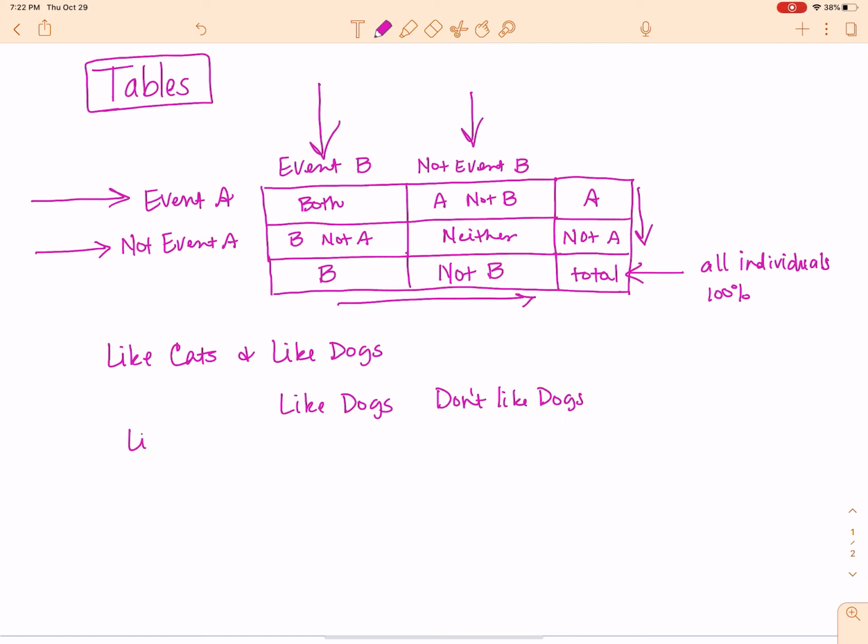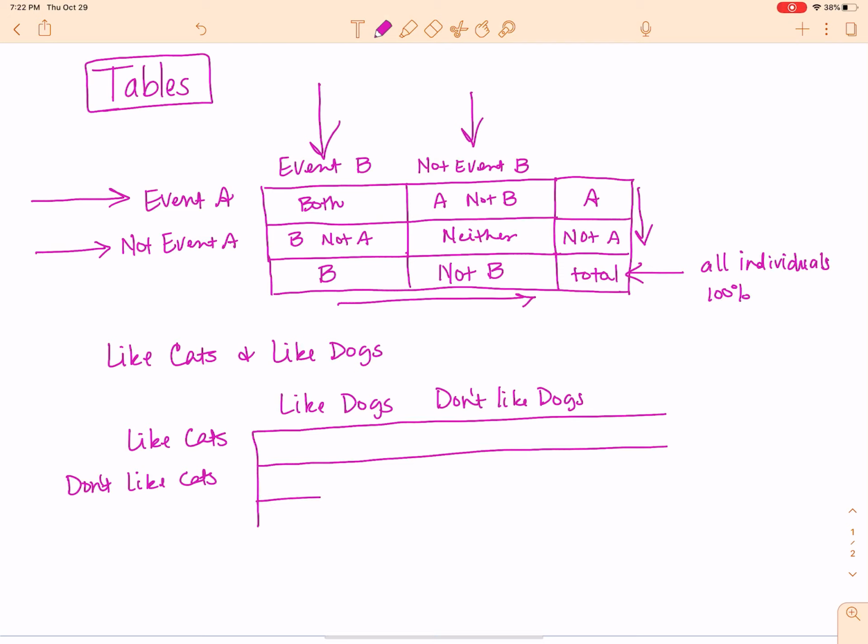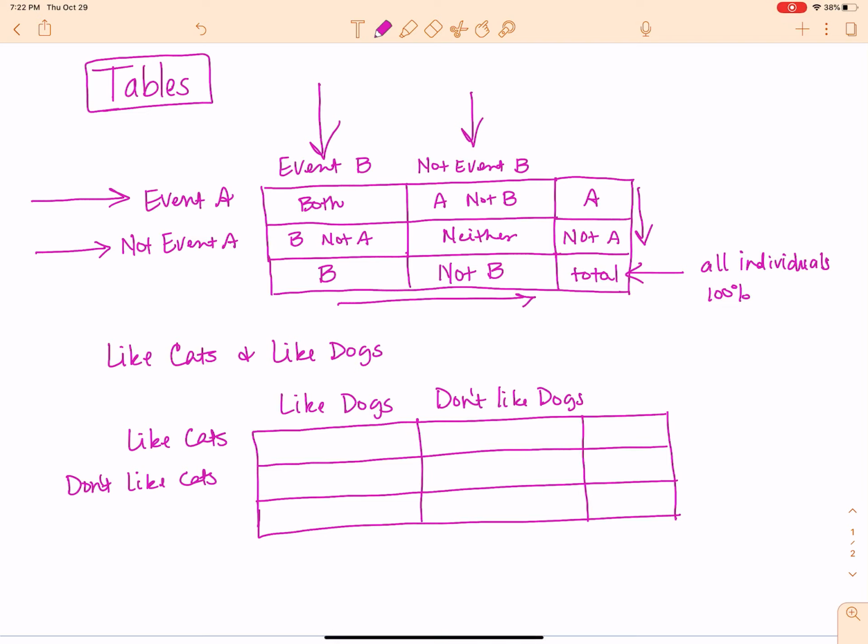And let's say I like cats, things Miss Griggs would never say. And I don't like cats, something I would say. Okay, so I'm going to create a table here. And these, of course, are my totals. Totals down here, and my grand total in the end.